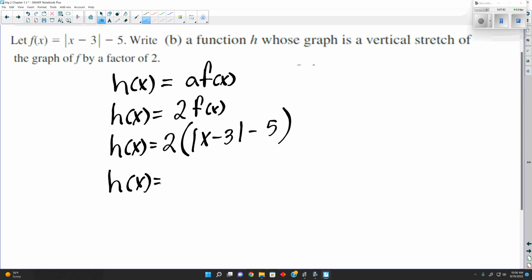And at this point here, we can multiply through by the 2, so the 2 will multiply by the absolute value and the negative 5. So we're not going to multiply the 2 into the absolute value, it's just going to go out front. So I have 2 times the absolute value of x minus 3, and 2 times negative 5 would be negative 10.